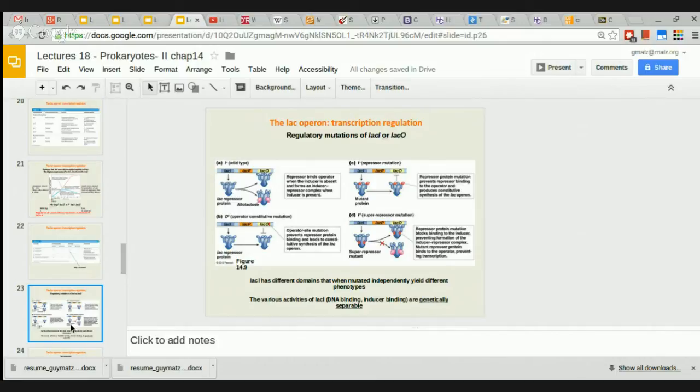There's also a description of a mutation that prevents binding of LacI to inducer, and the same thing, it'll be bound to lacO, and therefore this would be uninducible. Essentially, LacI cannot respond to inducer, and is always bound to the operator.